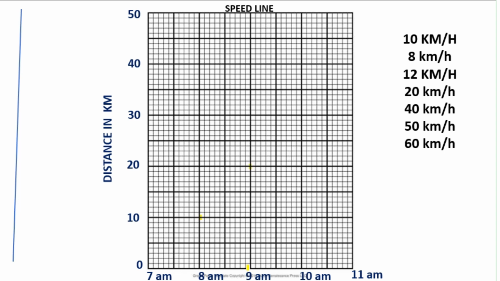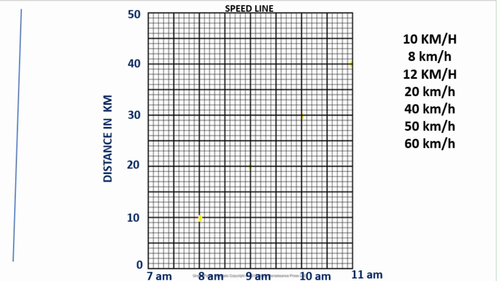Then the third hour from 9 to 10, another hour, I should cover another 10 kilometers, which should take me to 30 kilometers. Then the fourth hour, I should be at 40 kilometers because I'm moving at a constant speed of 10 kilometers per hour. Every hour I'm covering 10 kilometers.